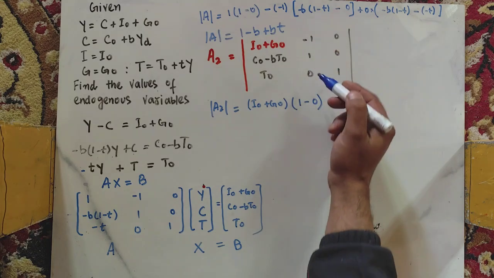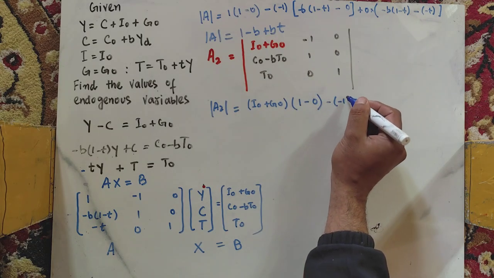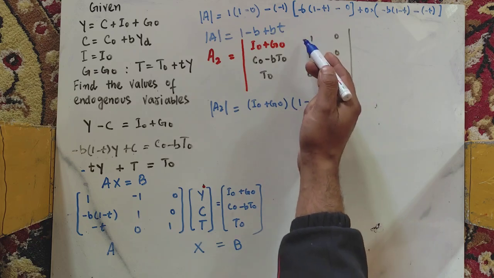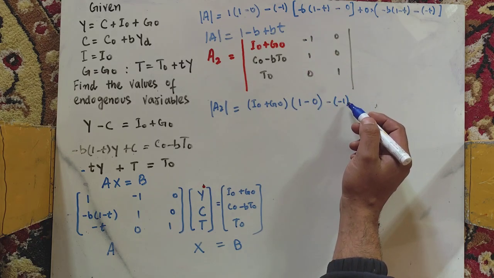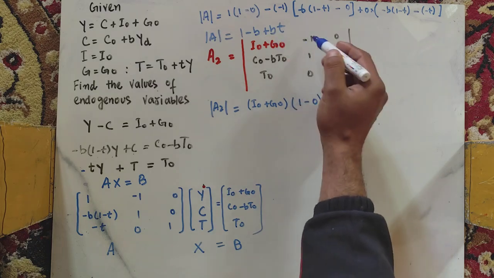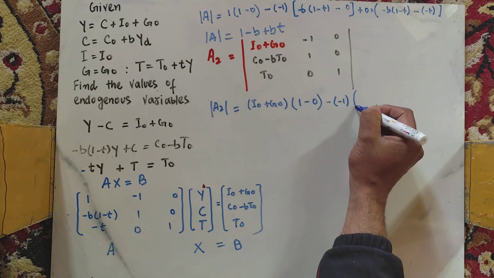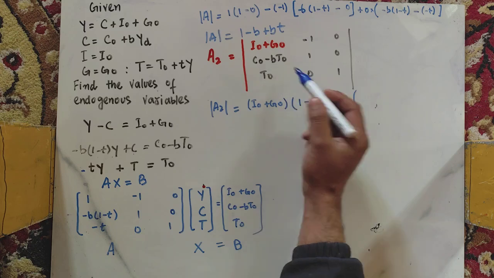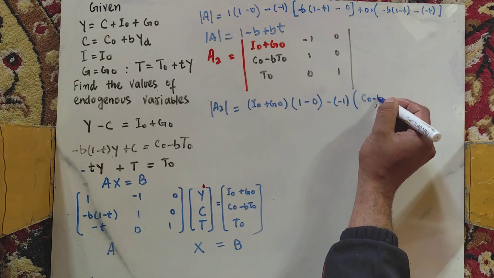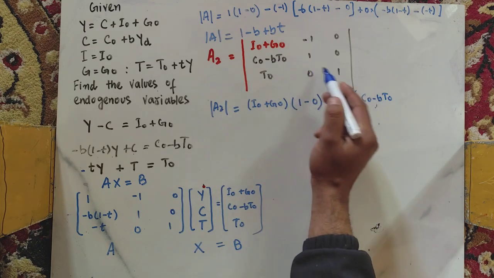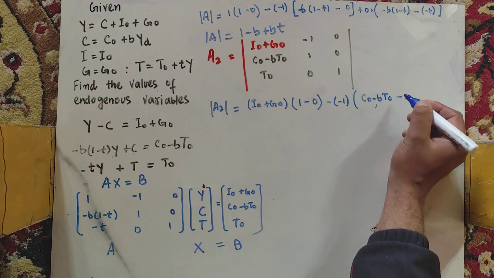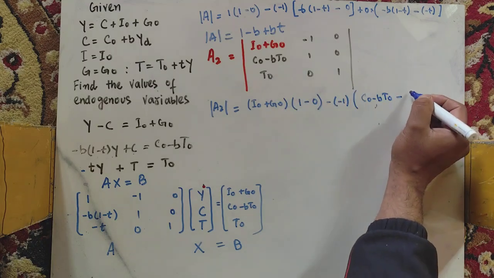Then we write the second term, so we have minus, then we have negative 1, and delete the row and the column in which it appears and take the determinant of the remaining elements. So we have C naught minus BT naught. Then we have minus T naught into 0, which is 0.